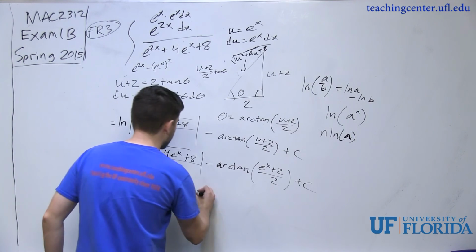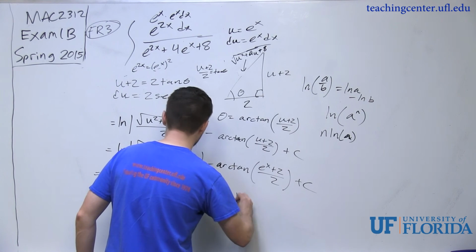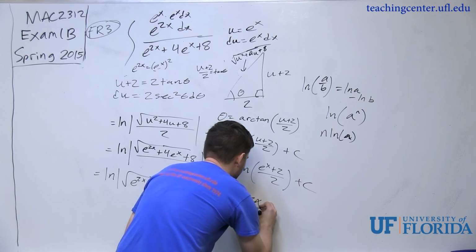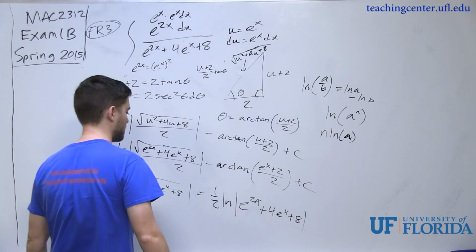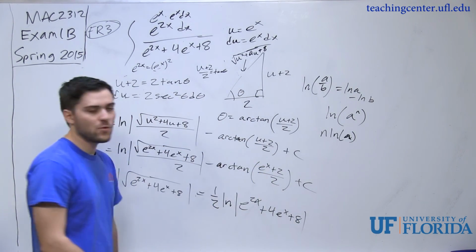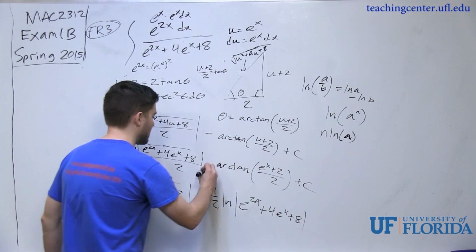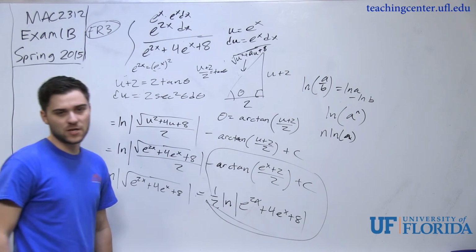So they're just going to pull that 1/2 down, and it becomes 1/2 natural log of e to the 2x plus 4e to the x plus 8. As that answer, you have the minus arctan, and you have the plus c. So technically, this added together would be the answer that they have in the answer key.